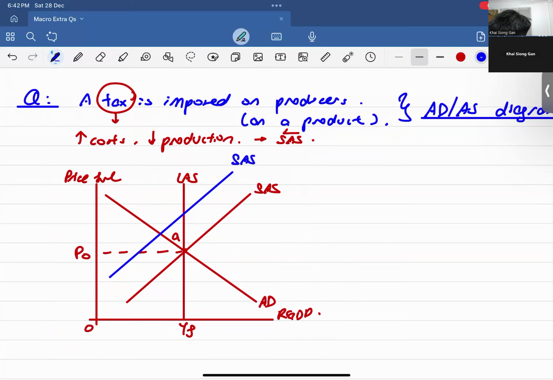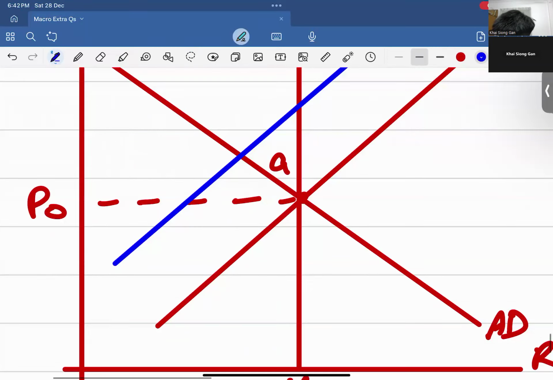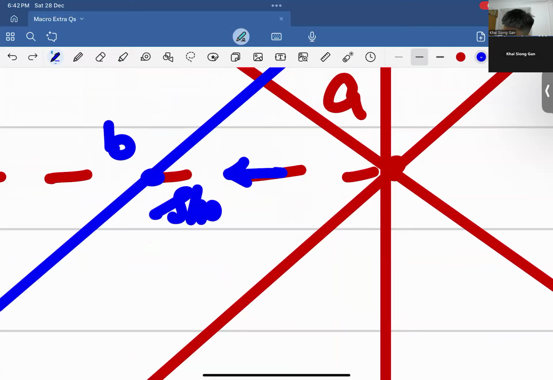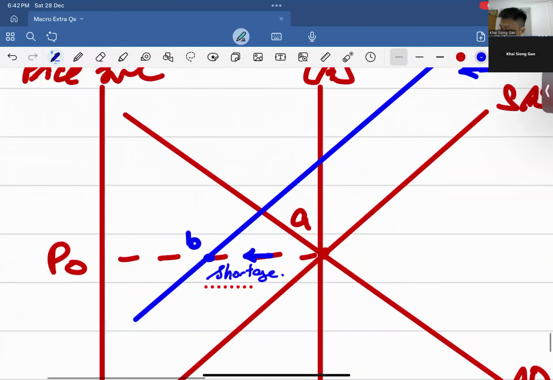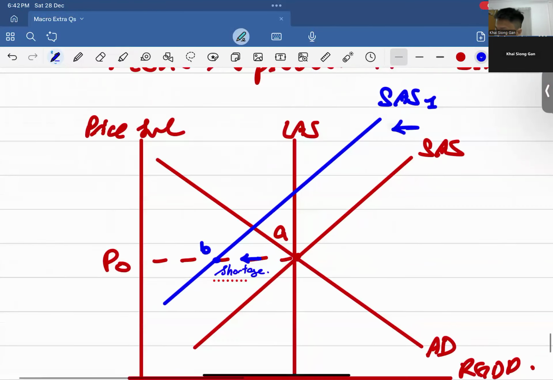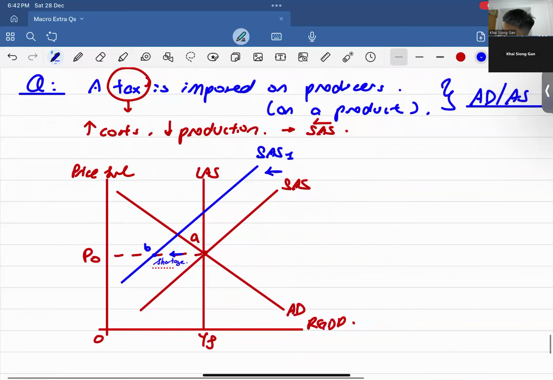SAS curve shifts leftwards, so from point A it moved to point B over here. So what happened is there's a shortage, because aggregate demand is way larger than aggregate supply. Now less production already, SAS goes left. So the shortage will push up the price level, becoming point C over here.